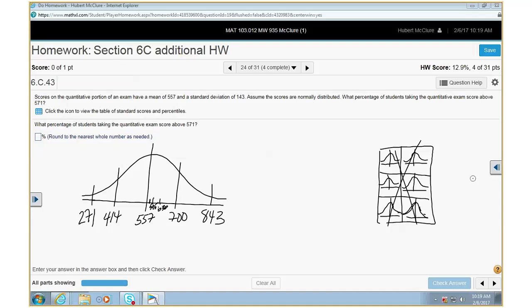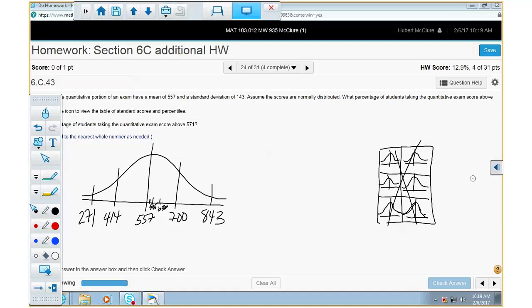So take your handy dandy red marker, and 571 would be right in here somewhere. Now somebody tell me with a little bit of common sense, that's a little bit above how many percent? 50.